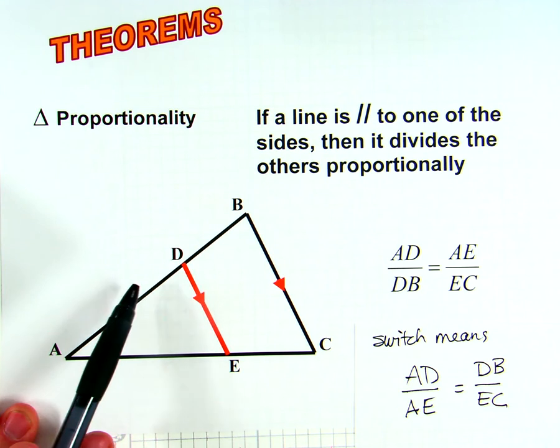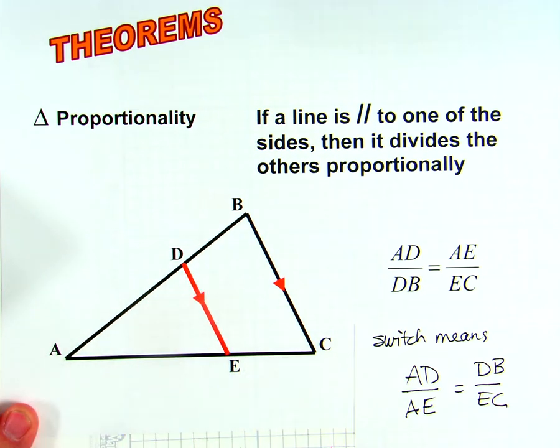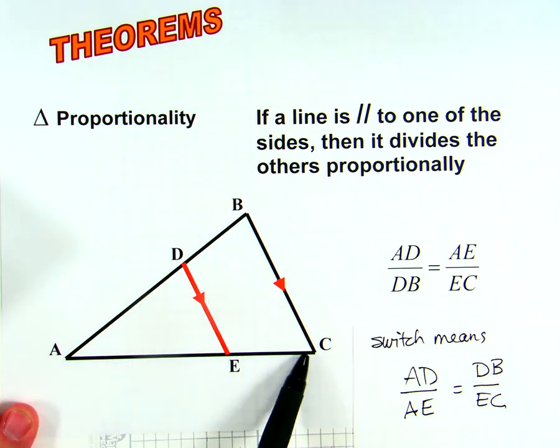So top piece, bottom piece, top piece, bottom piece. Either way is acceptable. The straight-on theorem has it on the individual sides, and switching the means gives us top pieces to bottom pieces to give us that proportion. And there's a converse.